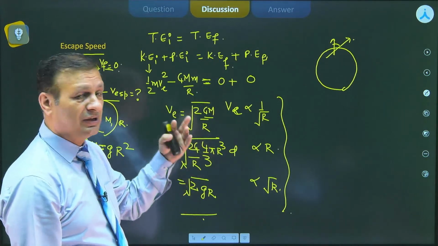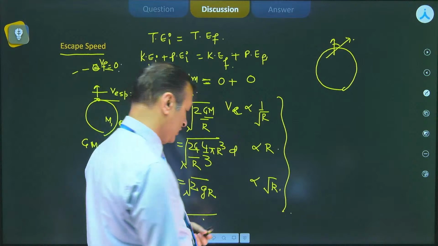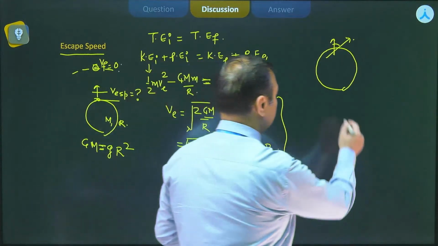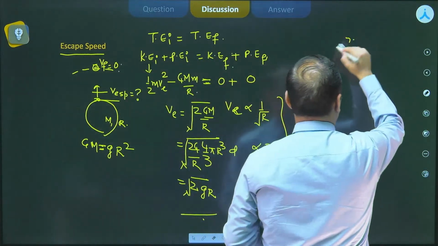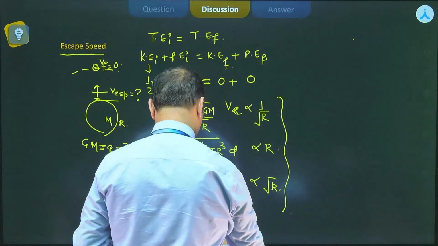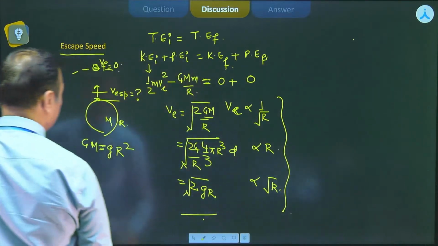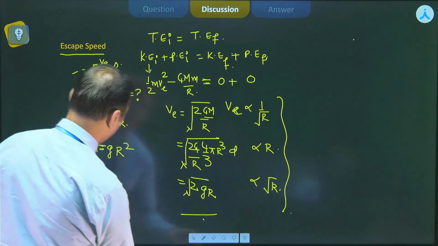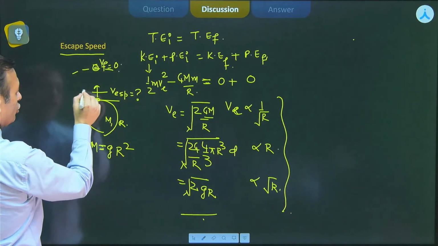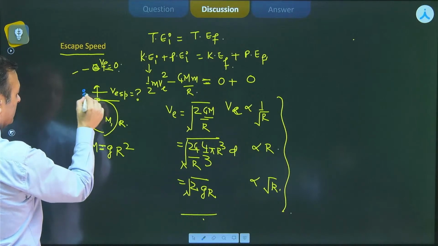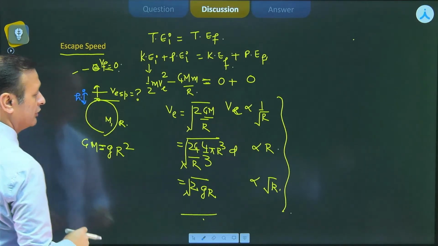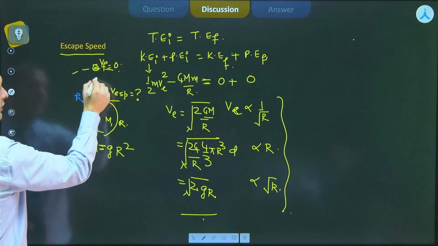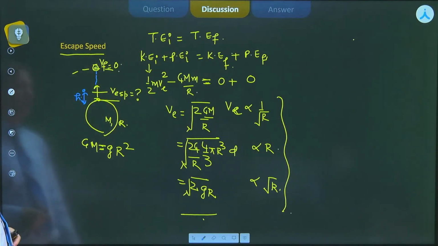It would depend on the height from where it is being projected. So let's understand it. How? Let's suppose, for the second situation, you launch a body from this height. You got it or not? And then again you project it.